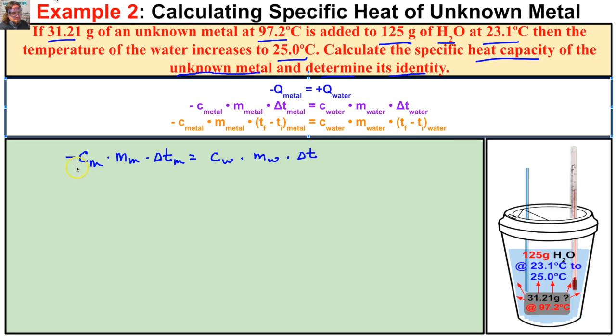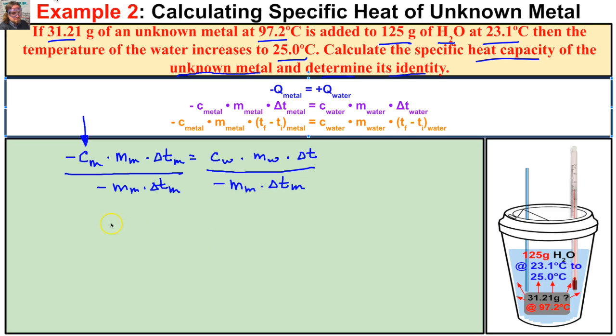And in this problem, we're asked to solve for the specific heat capacity of the unknown metal, right? And then we're going to determine the identity. So the way that we do this is by dividing by negative mass of metal times delta T of metal. And what we do to one side of our equal sign, we have to do to the other. So we'll divide this by negative mass of metal times change in temperature of our metal.